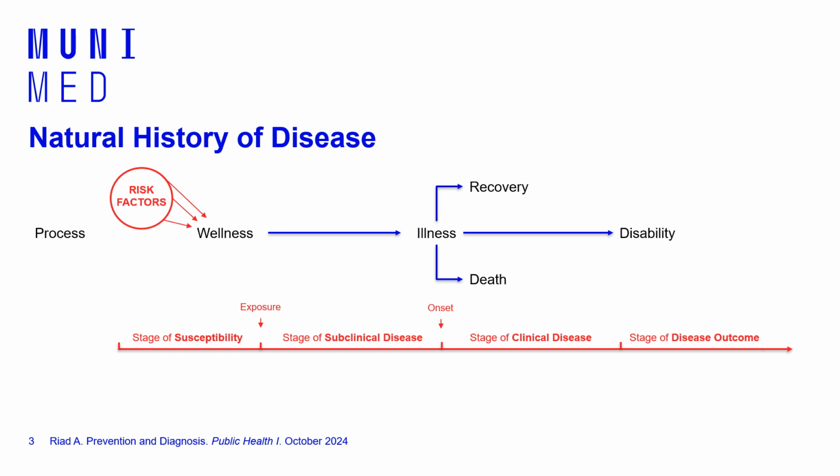Remember that for the second stage, the stage of subclinical disease, we can measure how many days or weeks the human stayed within this stage based on two days. The first is called the day of exposure, and the second is the day of the onset.